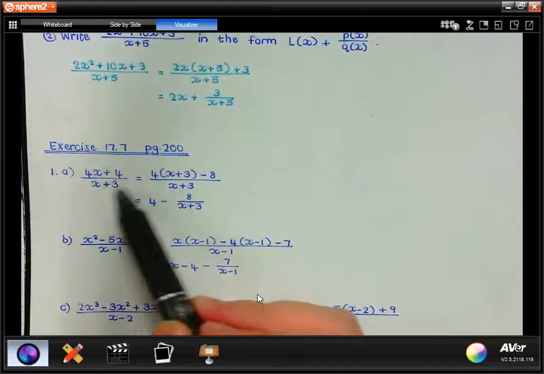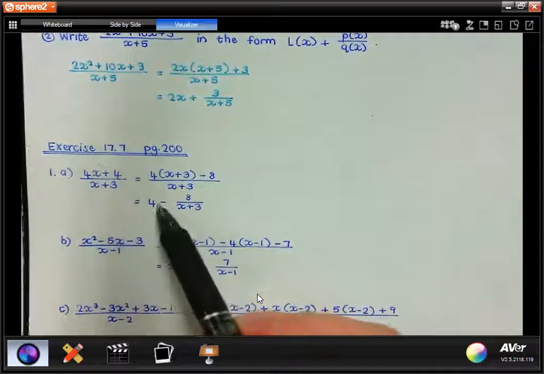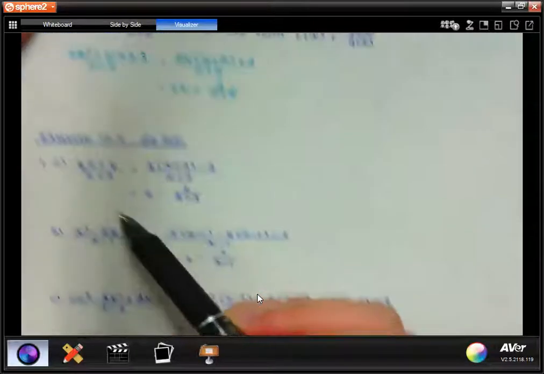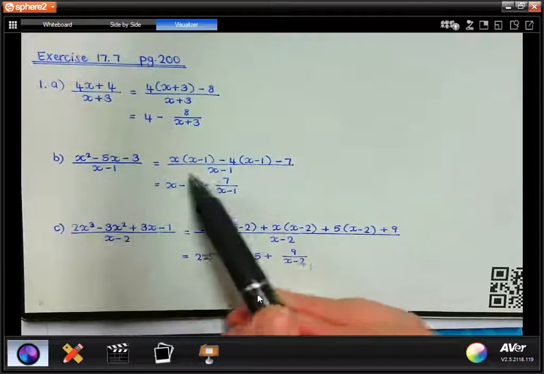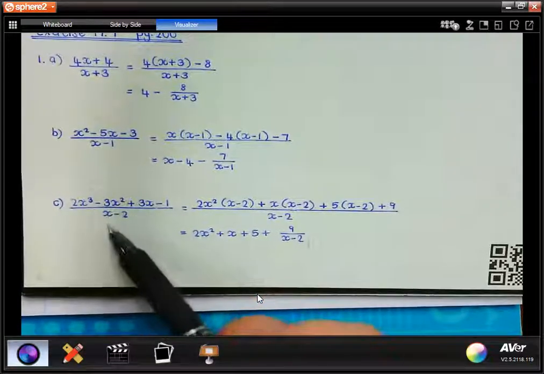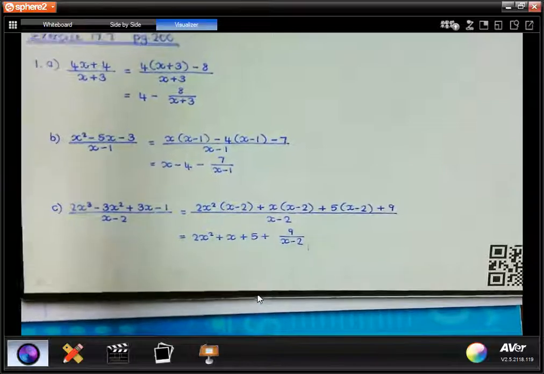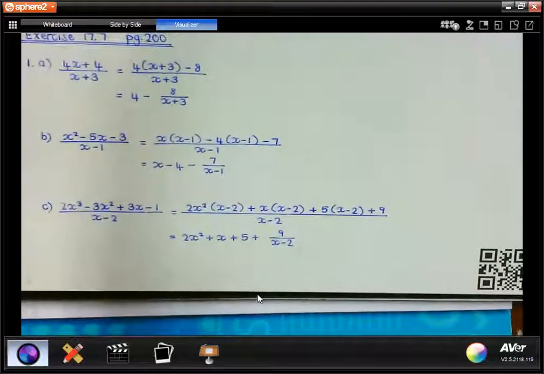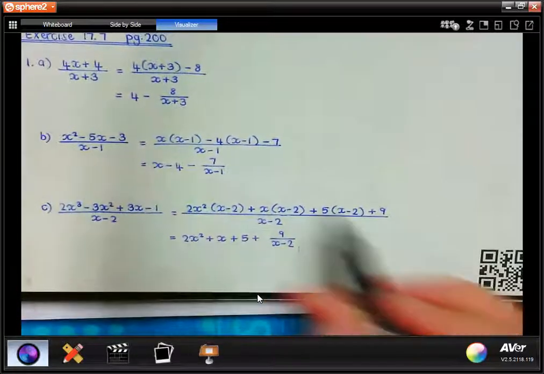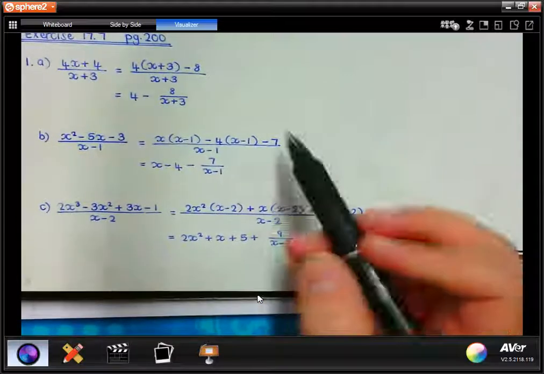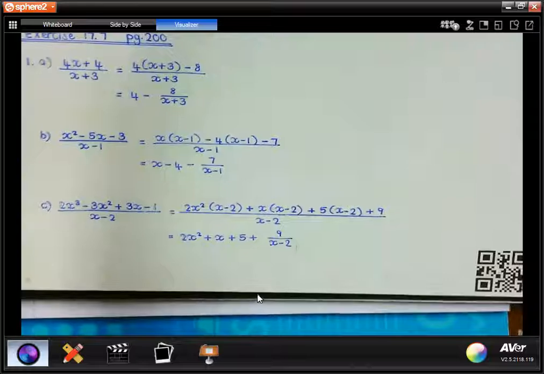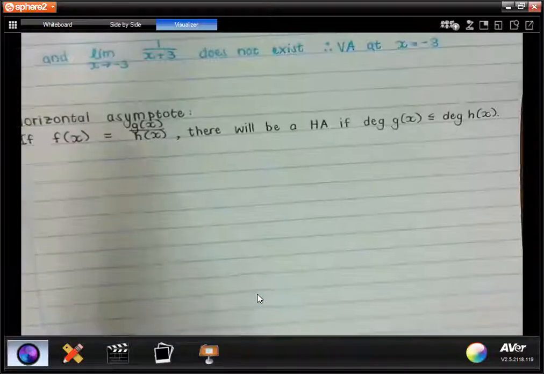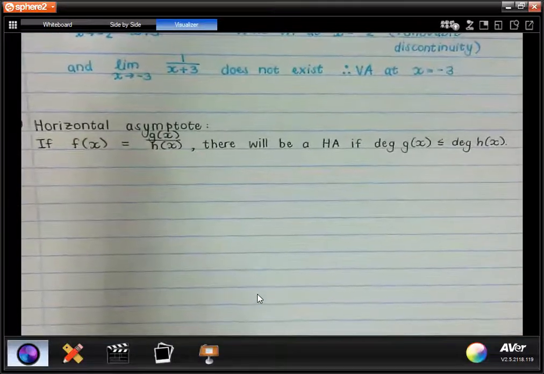Same degree at the top and the bottom, so the degrees are equal, so we should get a horizontal asymptote. We did this one. Degree here is bigger than the degree at the bottom, so we're getting an oblique. Next one, degree bigger again. So now we're getting a parabolic, I suppose, which is not in the syllabus, but it's not a horizontal asymptote, because the degree of the numerator is not smaller than or equal to the degree of the denominator. Which is what that is saying.